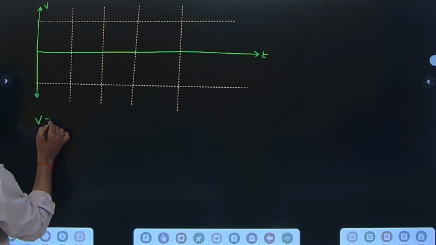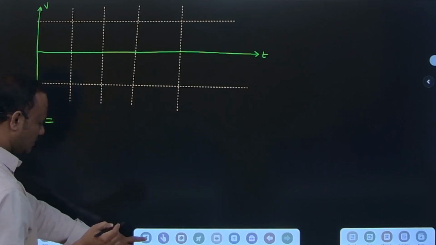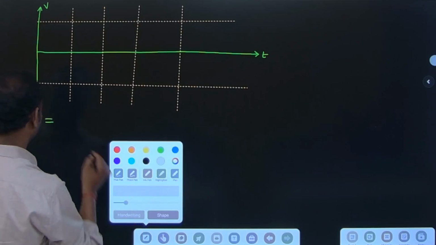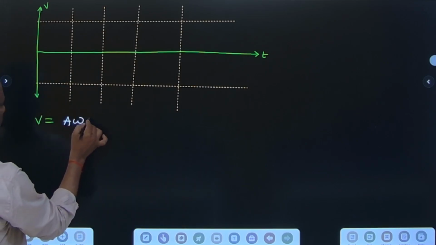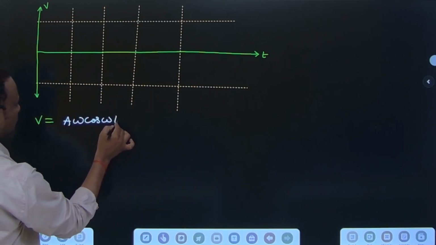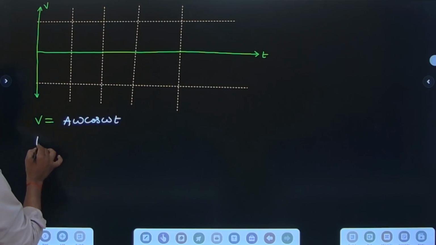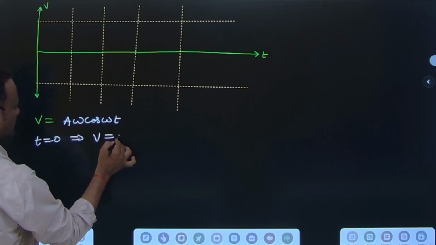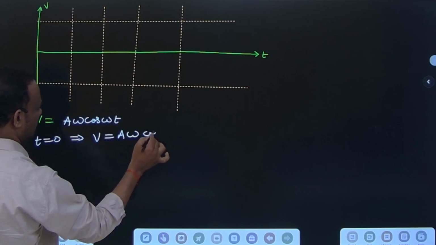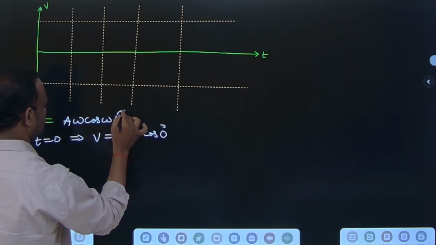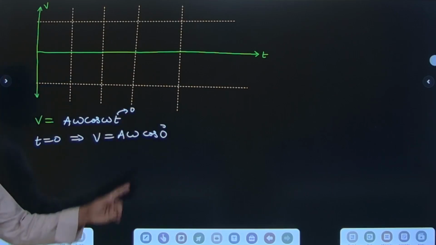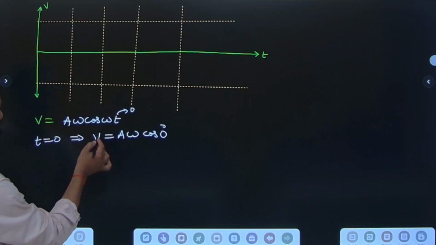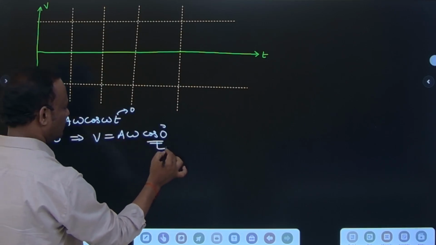What is the condition? What is the velocity? V is equal to A omega cos omega t. At t equal to 0, V is equal to A omega cos 0. A omega into cos 0, and cos 0 value is 1.